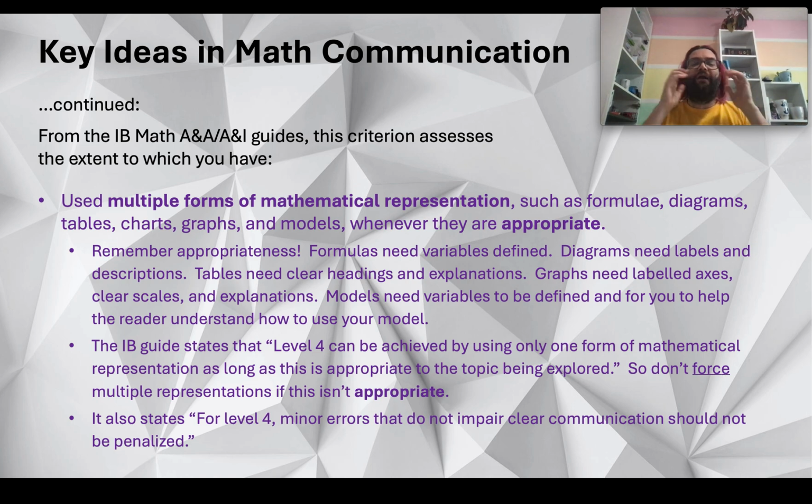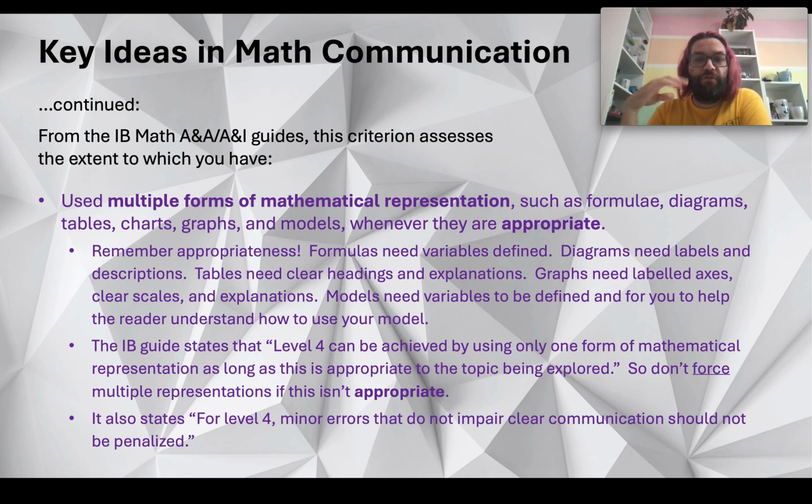So don't sit there going, my IA is perfect, but all I did was graphs, how do I squeeze a formula or an equation in here so it looks like I used more things? Don't do that. If your paper is good and solid and communicates well, even with only one thing, cool, leave it with one.